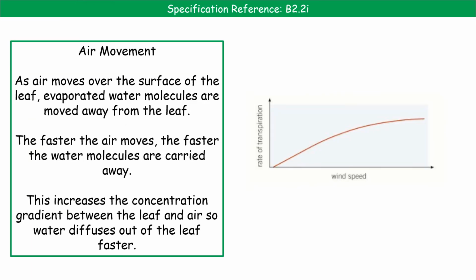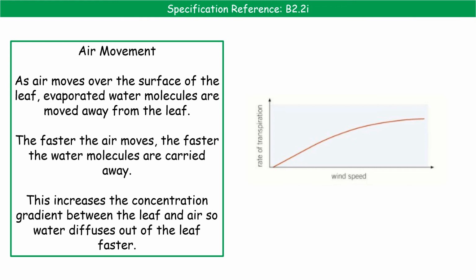Number 3 on our list of factors is air movement. As we've already established, transpiration is the evaporation of water from the plant. When that water diffuses out of the leaves, it will just be sitting in the immediate area surrounding the leaves. That means we'd affect that concentration gradient between the inside and the outside of our leaf.